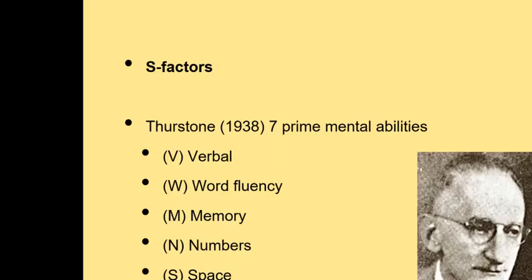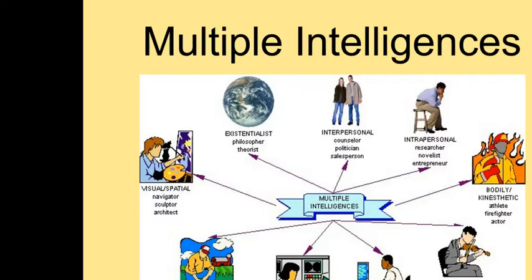Now, there's various theorists around it, and it's a lot more helpful to have a whole number of mental abilities because we know that people have different strengths. Gardner built on this with his multiple intelligences model. You would have run into Gardner already with the chapter on cognitive processes.